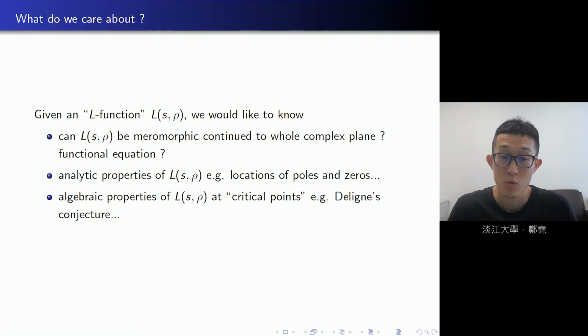And we also want to know some algebraic properties of the L-functions. For example, we know that the Riemann zeta function at even positive integers is equal to some power of 2 pi i times a rational number. And we would like to know if this phenomenon continues to hold for general L-functions.